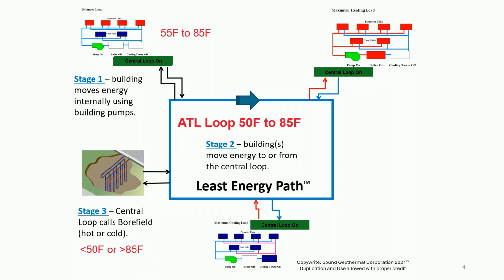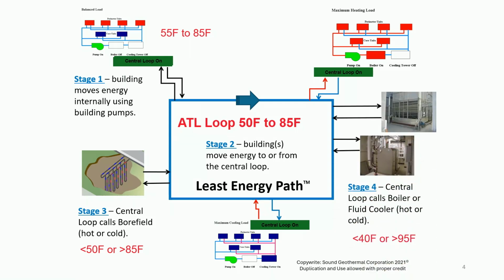And finally, when the system gets above its set capacity and is no longer able to maintain this 50 to 85, and it has all the green assets on, we'll go to boilers and cooling towers for additional energy or to reject energy, basically under 40 degrees or over 95 degrees.